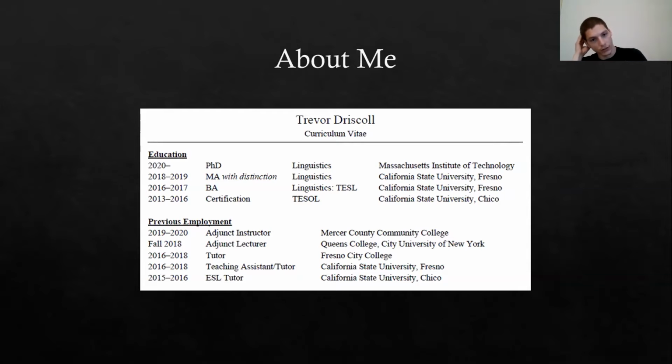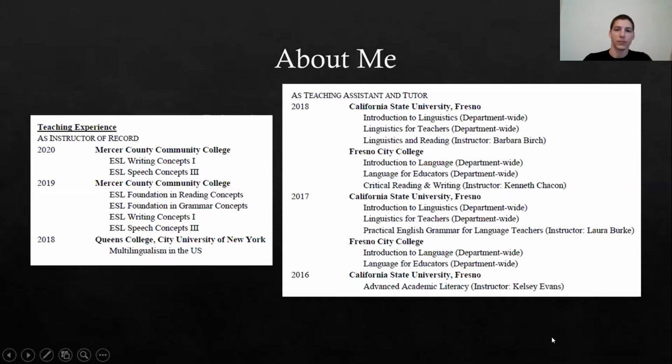Then I moved over to the East Coast and I taught in Queens and community college in New Jersey. Thank you, Jacqueline. So I taught mostly ESL, and then for my TAing and tutoring, I was working in linguistics a bit. I'm sorry if this is terribly boring to some of you, but I had heard that students were kind of interested in what their teachers did and all of that. So I don't know. This is here if you care. If not, you can kind of tune it out.